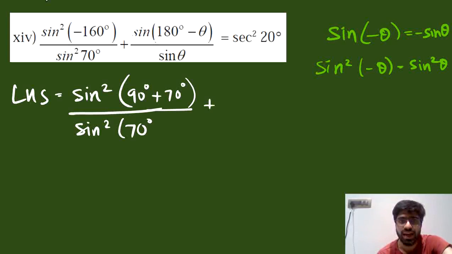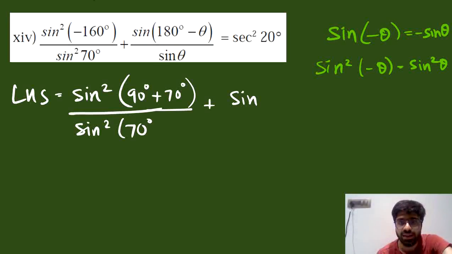Plus sine 180 minus theta, the thing that you have in the numerator. Sine 180 minus theta is sine theta. That's because 180 is an even multiple, so sine will remain sine. And 180 minus theta, you are reaching in the second quadrant, where this entire angle is going to be positive.